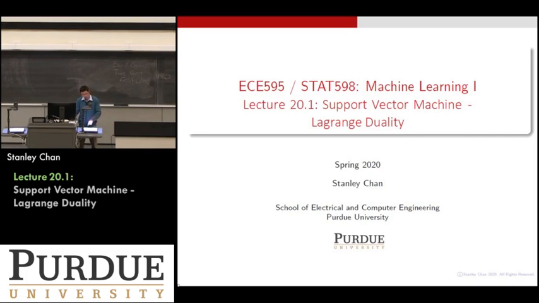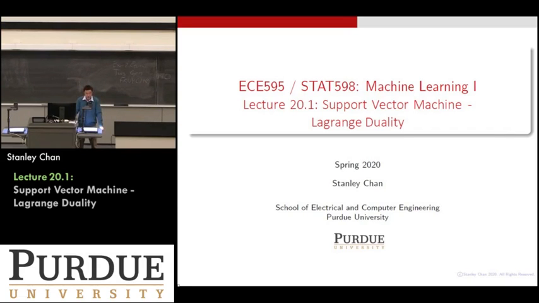Now, we need to go into the dual space for several reasons. The first reason is that in the dual space, you will be able to see why this thing is called the support vectors. Okay? Why is it called support vectors? Because in the dual space, you can show exactly that the solution will be defined by a few vectors.